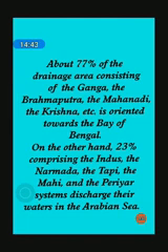On the other hand, 23%, comprising the Indus, the Narmada, the Tapi, the Mahi, and the Periyar systems, discharge their waters in the Arabian Sea.